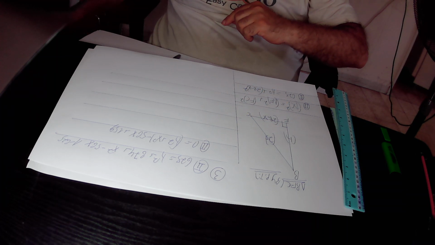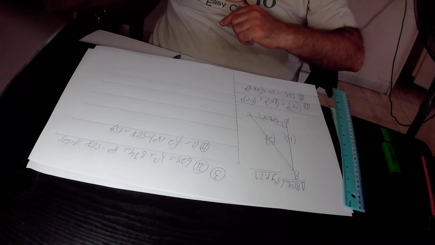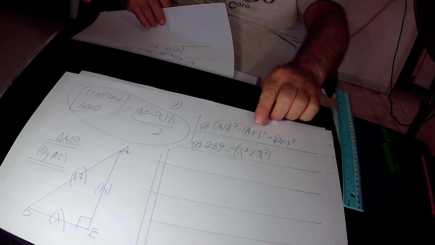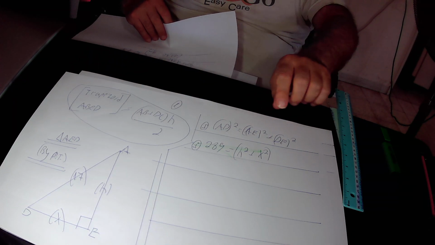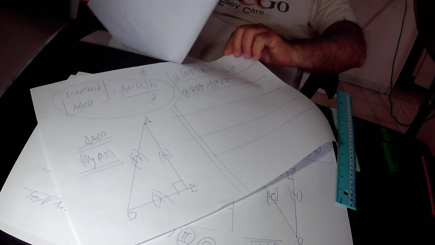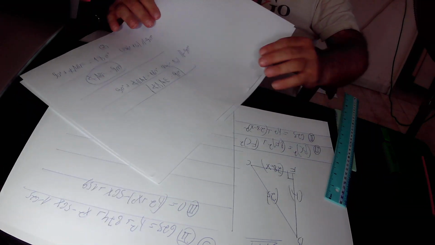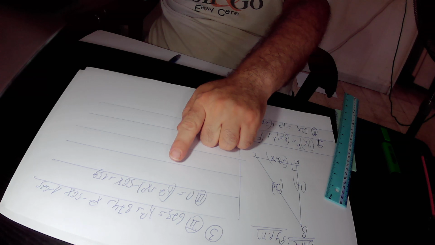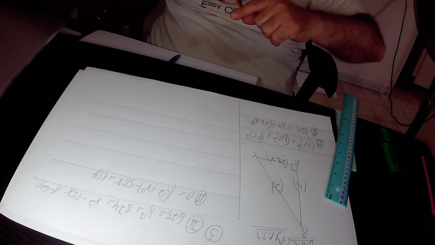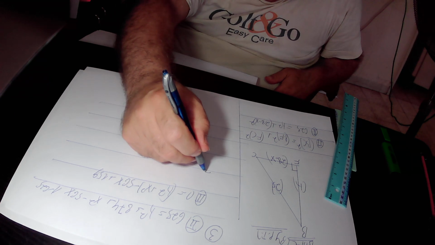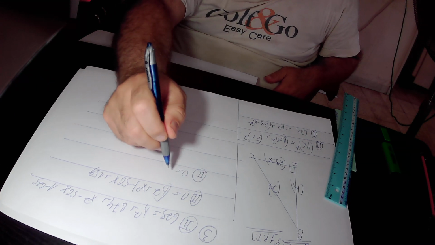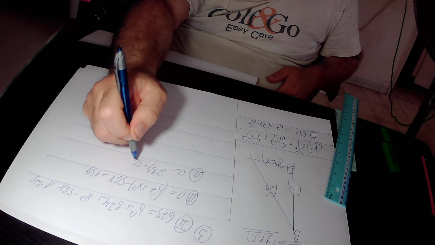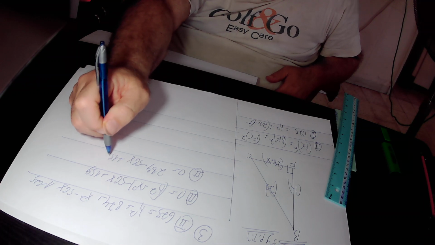But according to equation 1, we have already found out that h squared plus X squared equals 289. So we can substitute h squared plus X squared in equation 2 by 289 from equation 1. We get 0 equals 289 minus 56X plus 159.